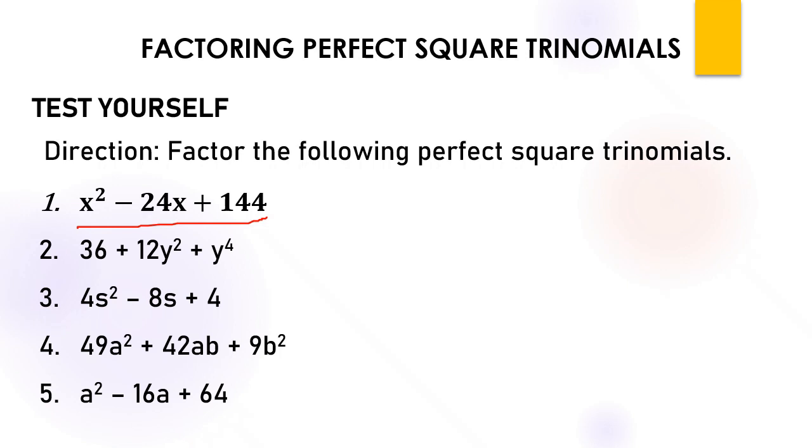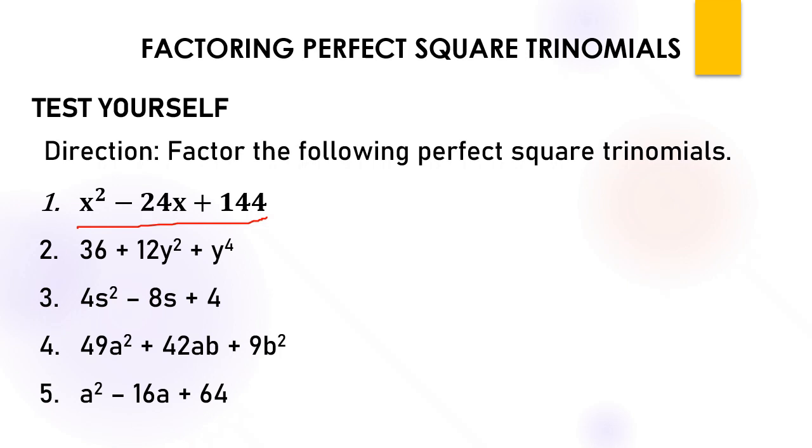So ab is 12x. And then the middle term in the product must be twice of ab. Our ab is 12x. So multiply it by 2. 2 times 12x will give us the middle term, which is 24x.